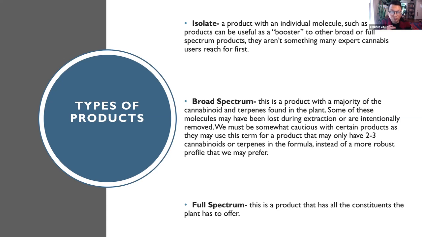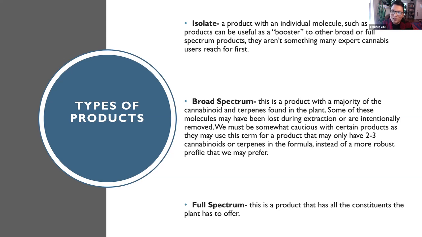So that's why I really try to lean on full or complete spectrum products. And those are typically products that have all the things a plant had to offer in there, all the phytocannabinoids, all the terpenes, and certainly all the flavonoids as well.